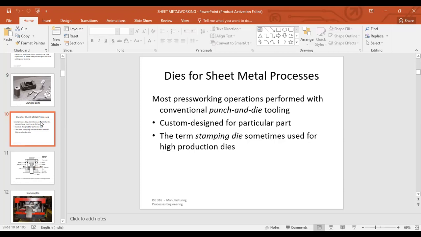For example, a component may need to be mass produced, right? It has to be assembled in many places and many products. That component is required. What to do? You have to specifically make a die and a punch for that particular part, and this is usually the case, especially when you're automating it, you make it specialized.